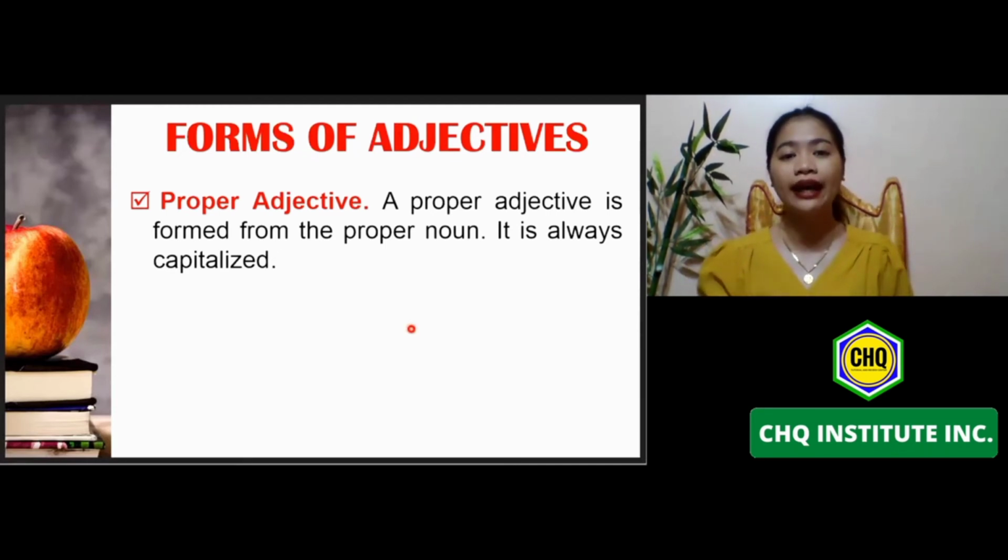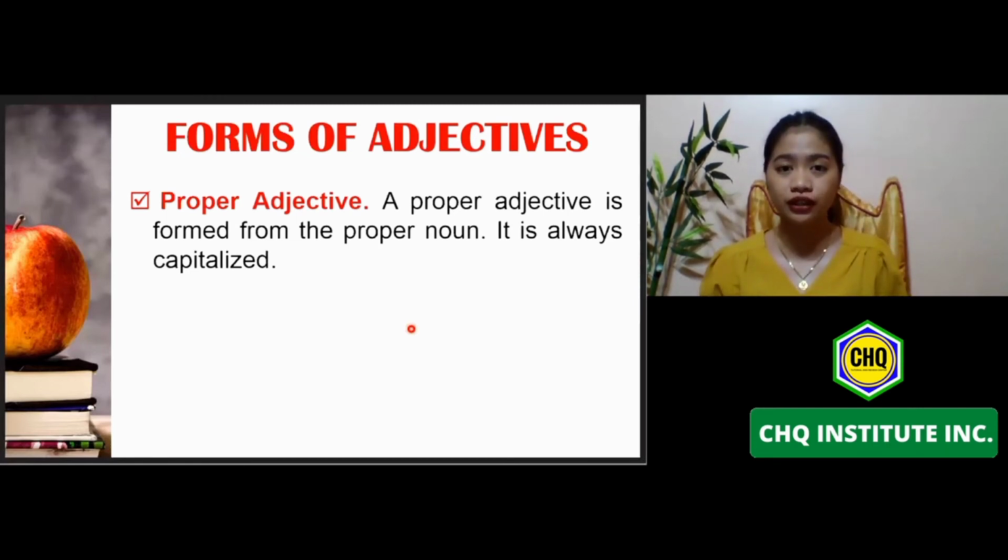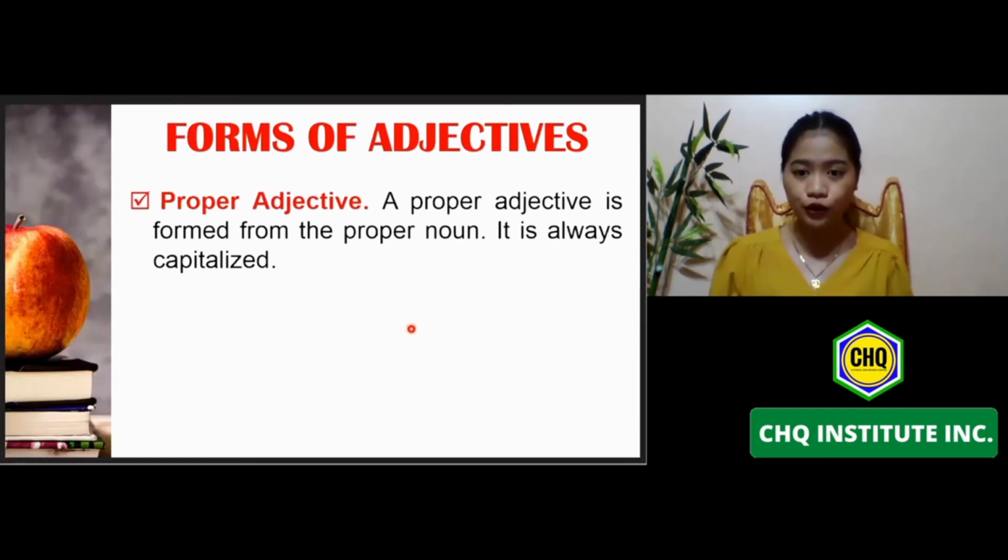So on our lessons on the use of noun, we have the proper and then the common noun. When we say proper noun, these are the specific name of a person, a thing, a place, and so on and so forth. So dito po sa forms of adjectives, we also have proper adjective. Ang proper adjective po ay nanggaling sa proper noun. So na-derive po siya sa proper noun.